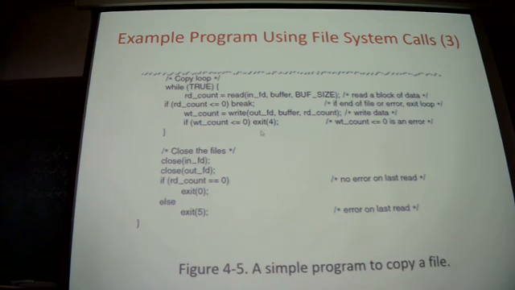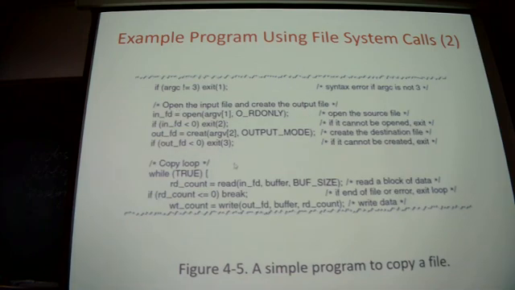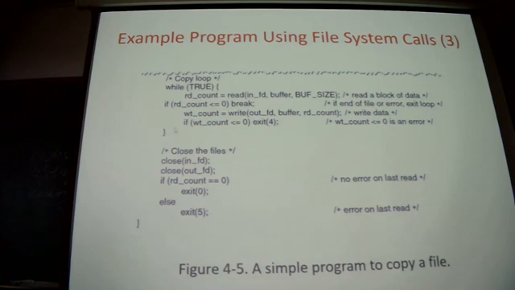Otherwise we continue. Now we know that this part is used to open two files, and this part here is used to read and write. Read from one file, the ABC file, to the buffer.